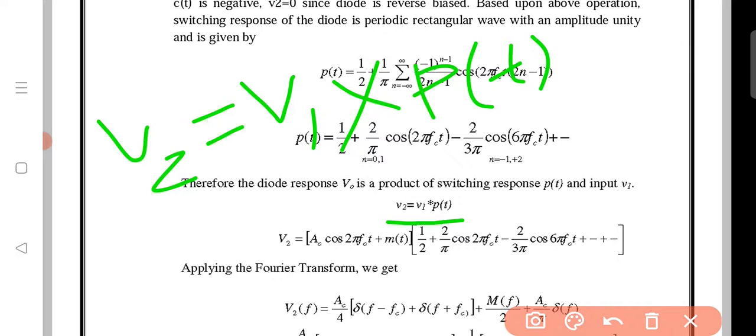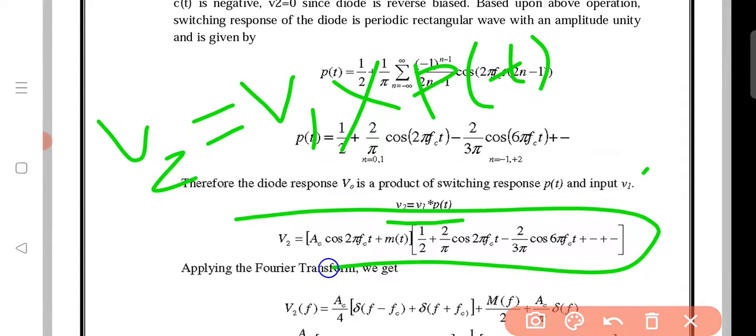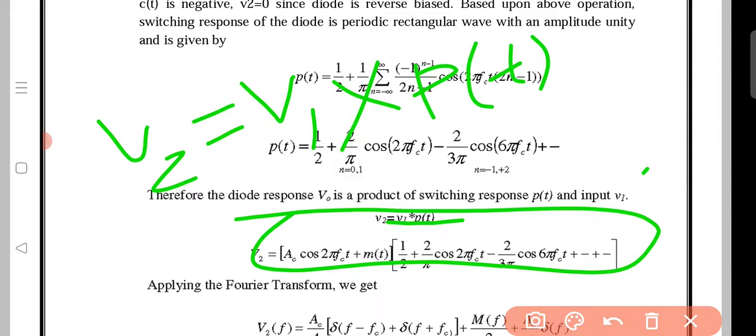Now substituting the values of v1 and p(t), the equation becomes v2(t) equals (Ac cos 2 pi fct, the carrier signal, plus m(t)) into p(t), the periodical pulse switching response of the diode.